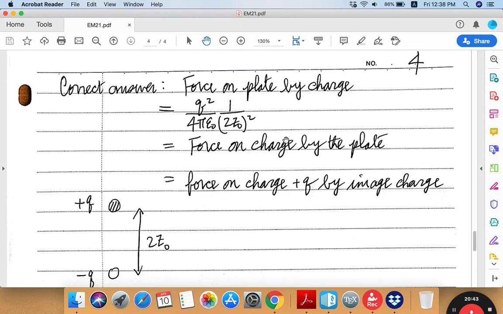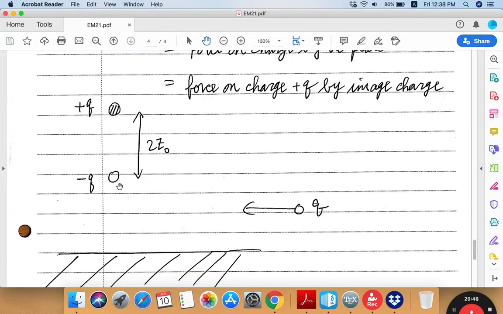But then you quickly realize that this is nothing but the force that this image charge will exert on the original charge, if you go back to this alternative situation of having a charged dipole with a separation of twice z0.